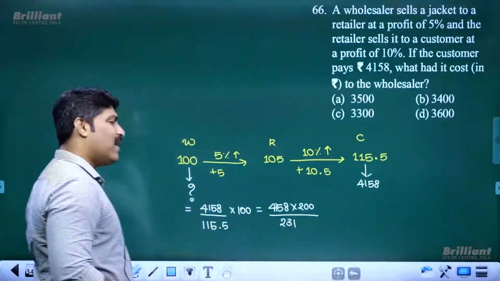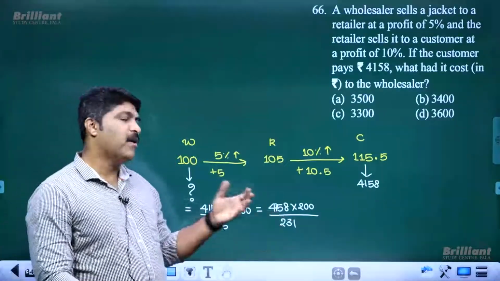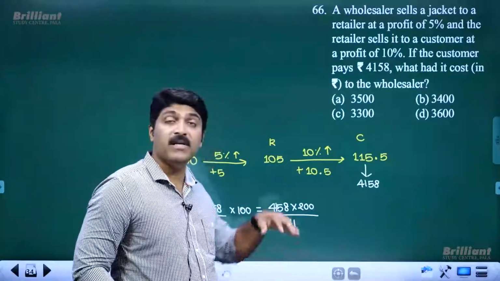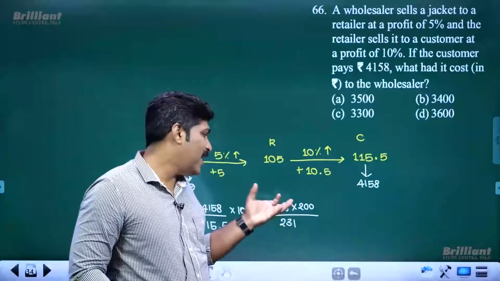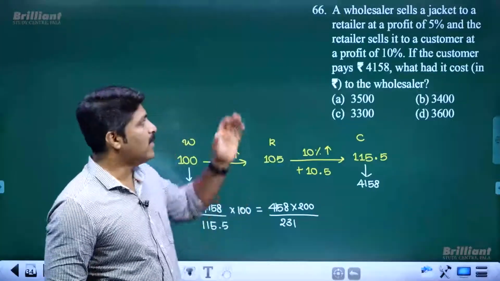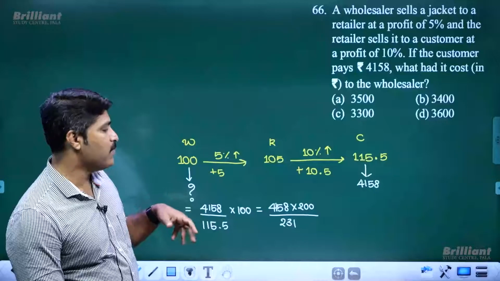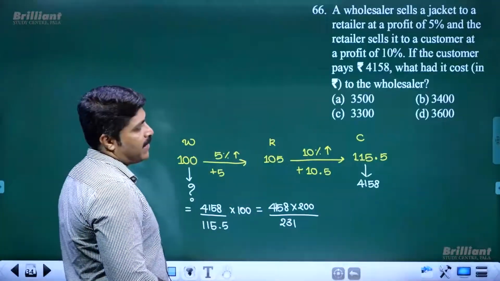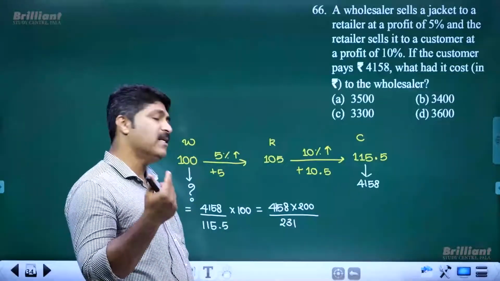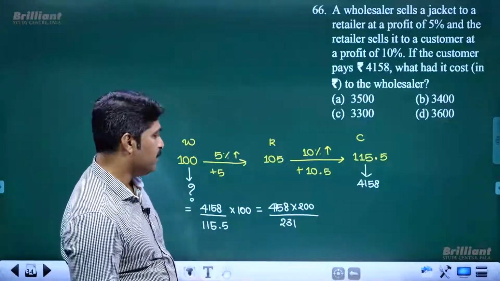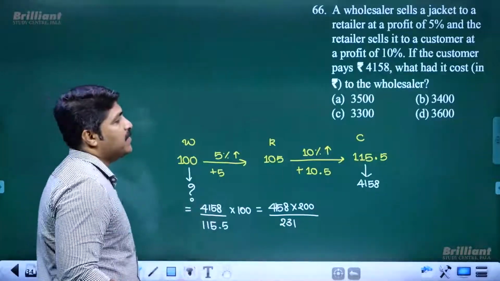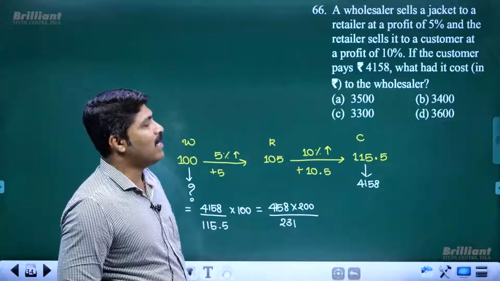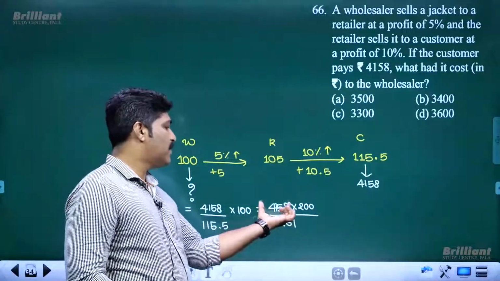While observing such a step of operation, we can easily identify that this 4158 should be a multiple of 231. Otherwise, the answer will be a decimal value. So here all the answers are convenient figures. From here we have to catch the answer. So what is the trick here? I'll give you an interesting trick in such a situation. We can check the divisibility conditions, that's one method. Another method is to observe the unit digits.